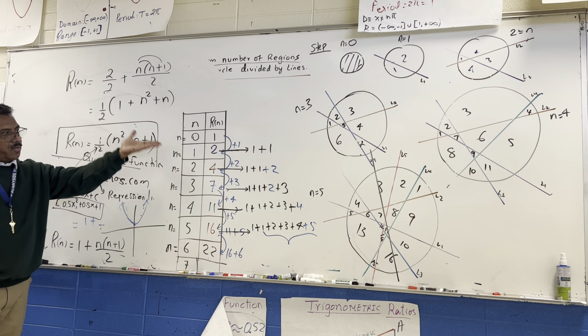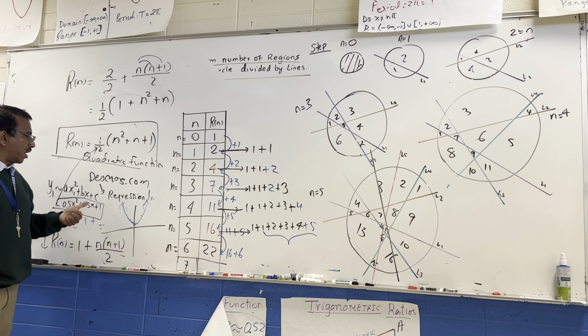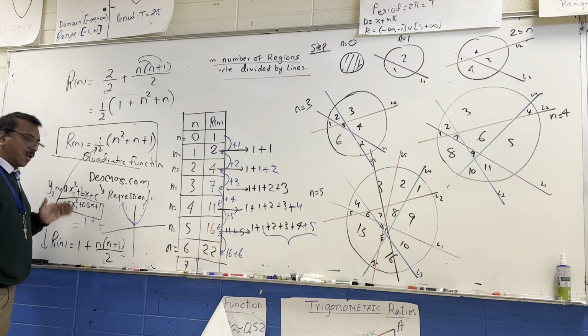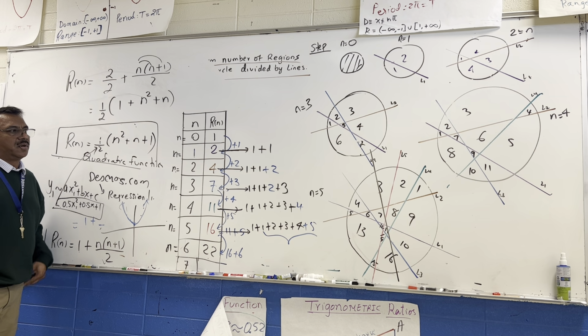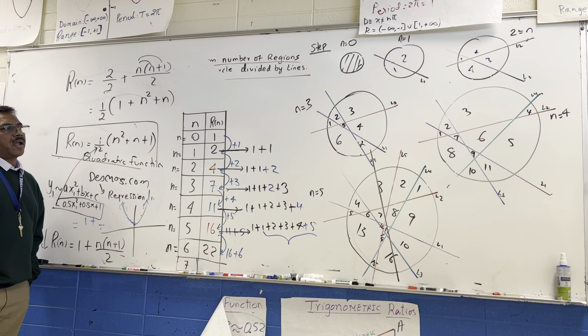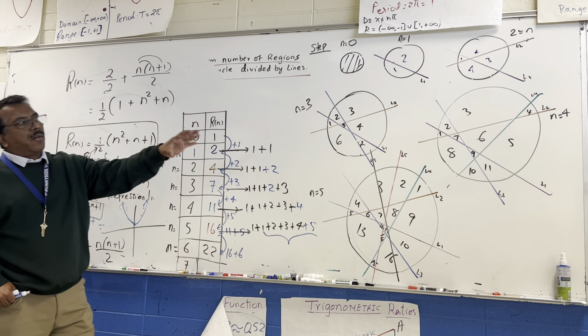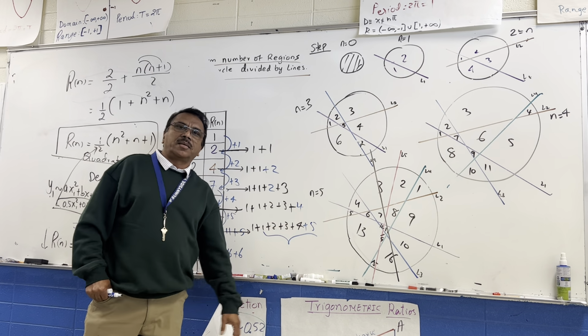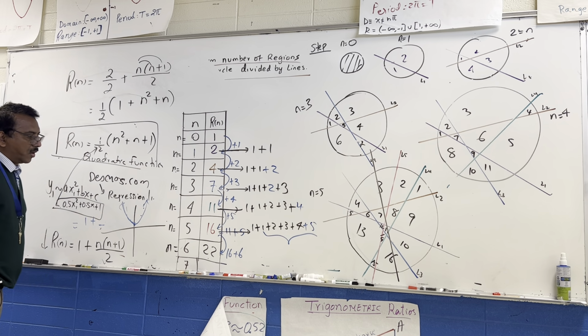And if you put these data plots in the regression line in Desmos.com also, you get the same answer. So beautiful is how mathematics can be modeled from this geometry. Hope that helps. Thank you so much for watching the video.